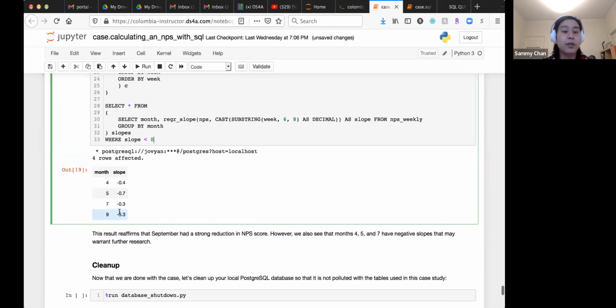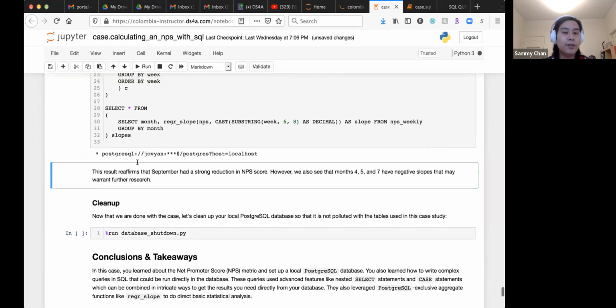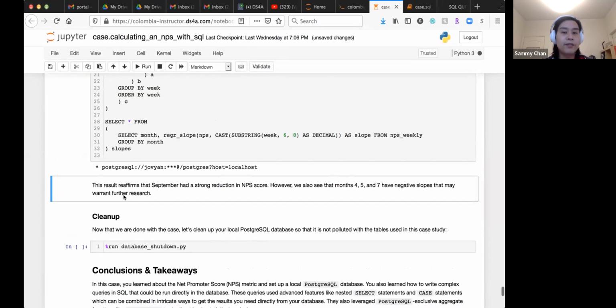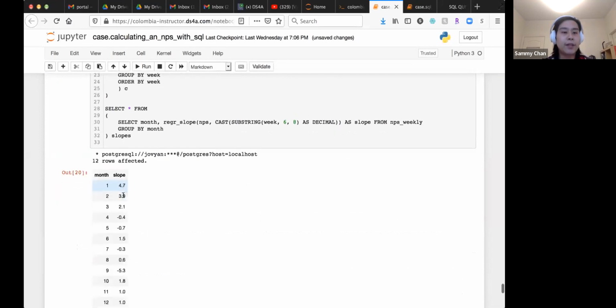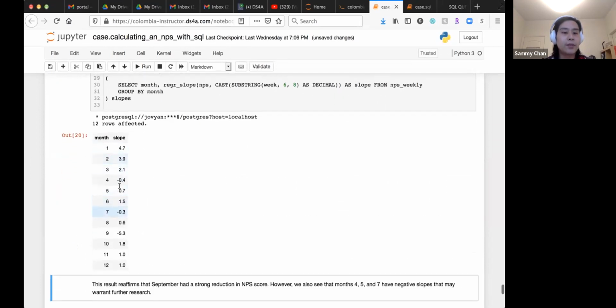So we know from the slope that it is very significant, and we can just display, let's say, all the slopes of the month, and then we'll get a better sense of what it means.